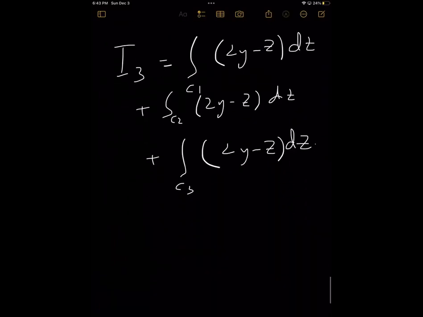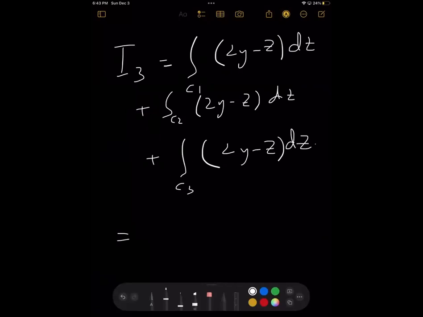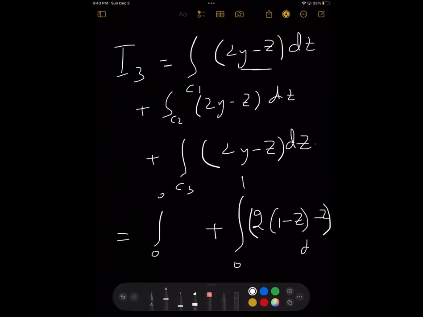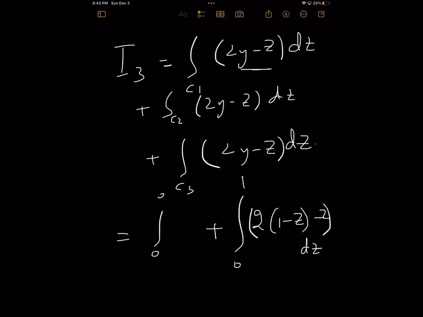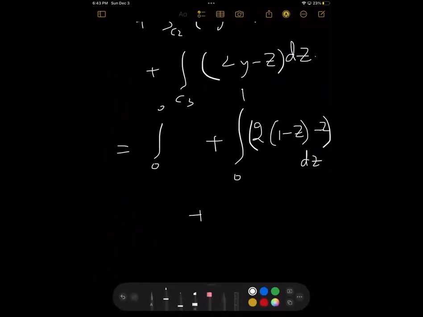So I will apply the limits which we have. For the first curve, our z is 0. So it is going from 0 to 0. So this term is 0 plus. For the second term, z goes from 0 to 1. And y we will take 1 minus z dz, plus 2 into 1 minus z.